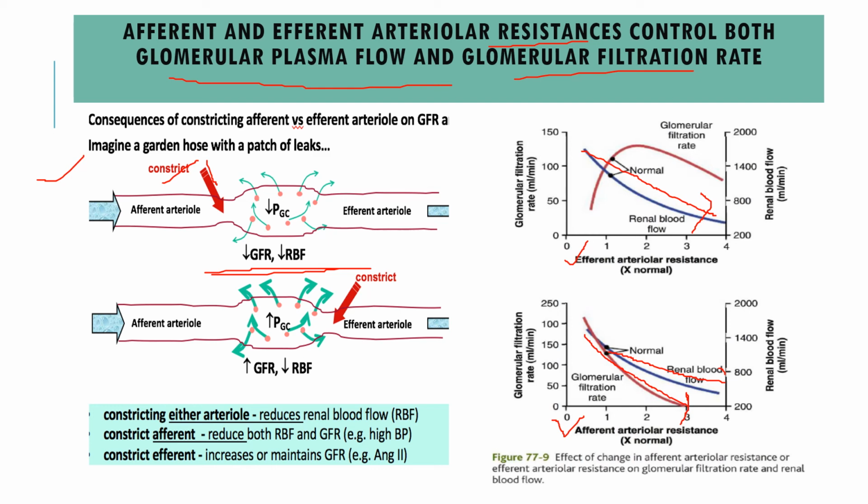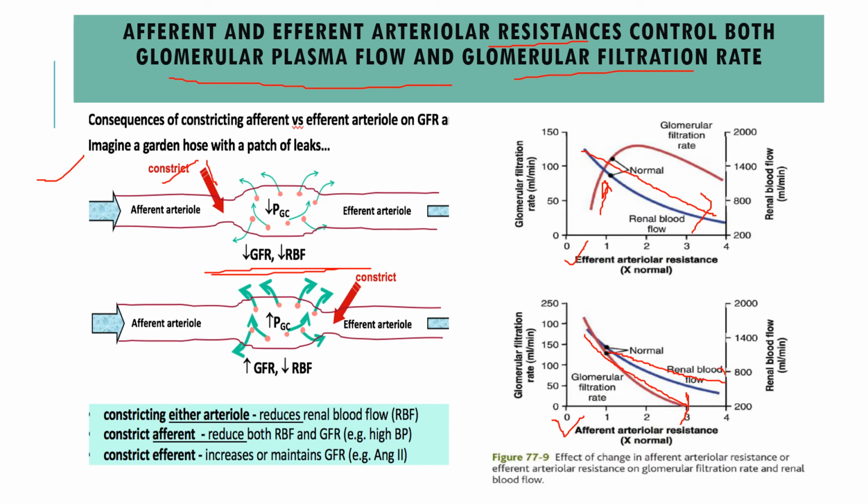Yet the effect on GFR is opposite. You can say that GFR will be increased here, up to a certain level, until the renal plasma flow is very low. The GFR is increased because the blood is restricted from leaving the glomerular capillary.